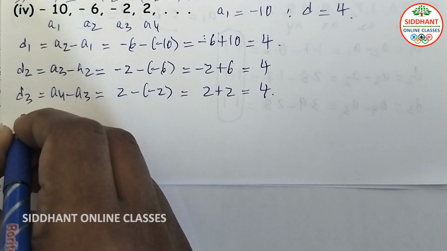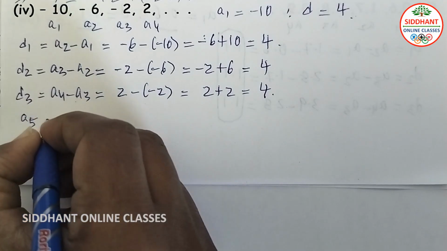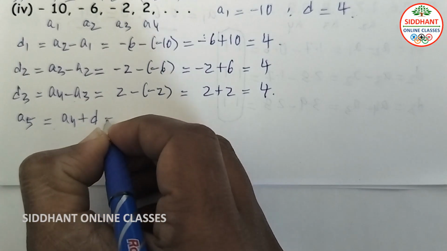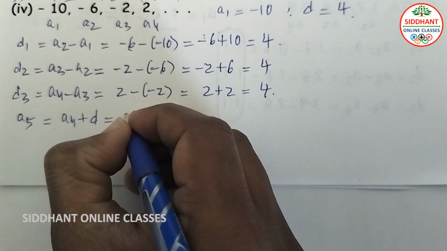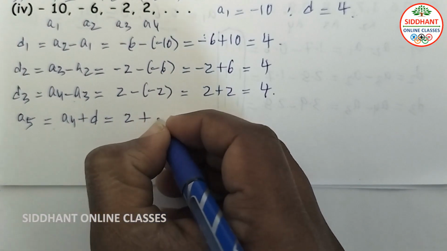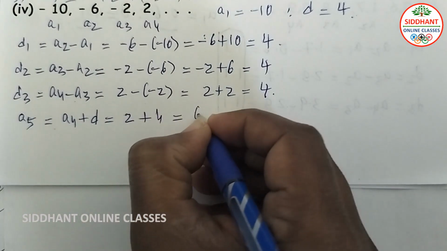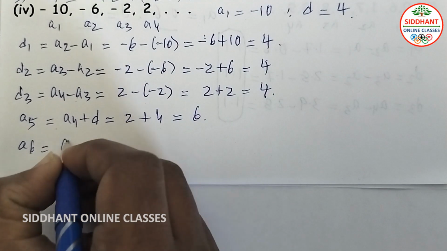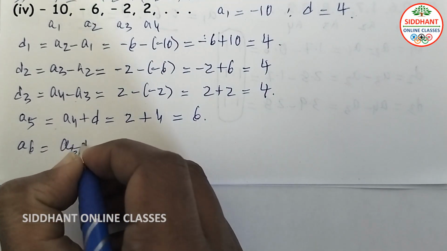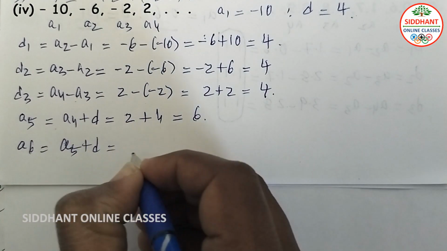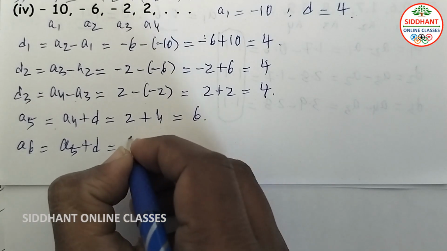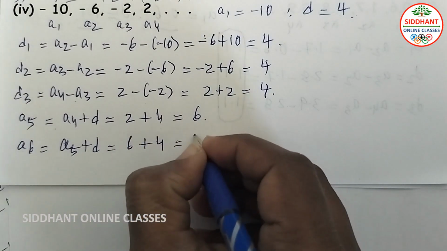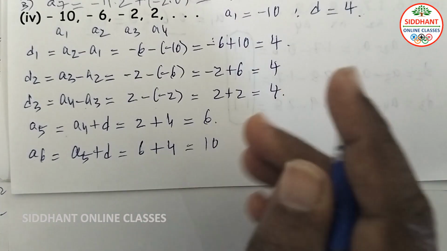Now we are going to find the next three terms. A5 is A4 plus D, that is equal to A4, which is 2, plus D, which is 4, that is equal to 6 here. Next, A6 is equal to A5 plus D, that is 6 plus 4, that is equal to 10 here.